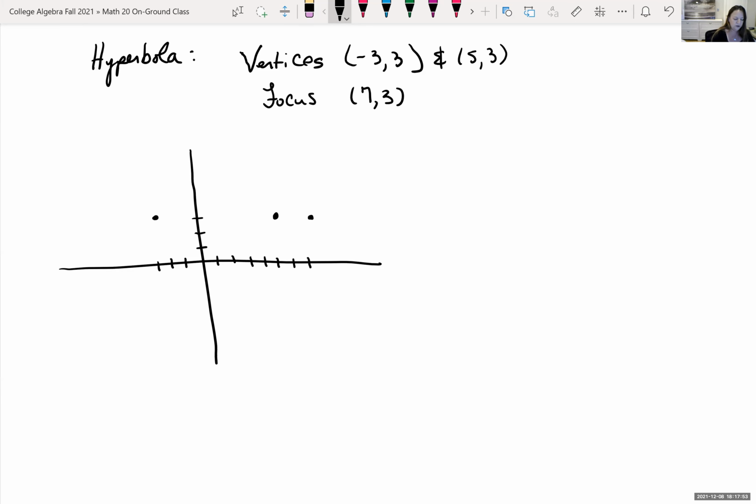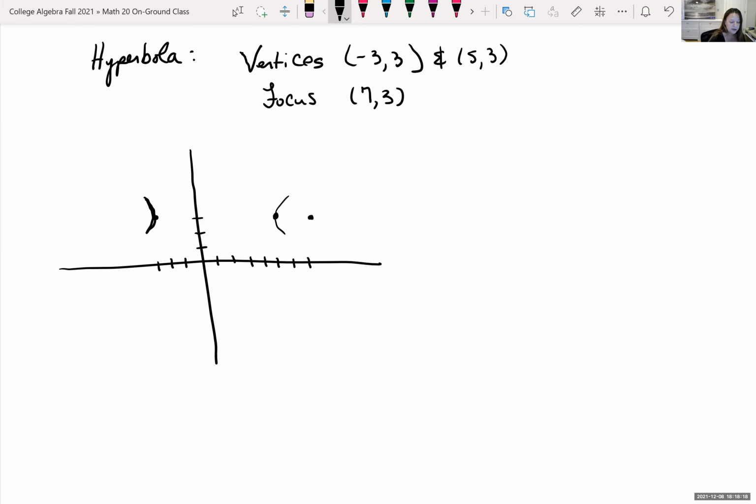So remember, the hyperbola shape faces the foci. From knowing where the focus is and where our vertices are, I know which way my hyperbola is facing. Okay, so our transverse axis is parallel to the x-axis.